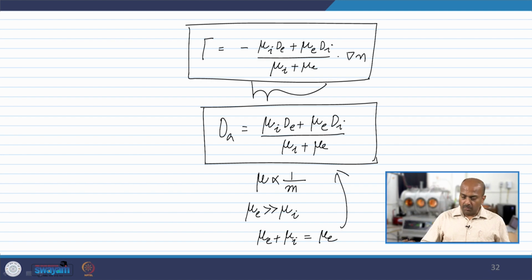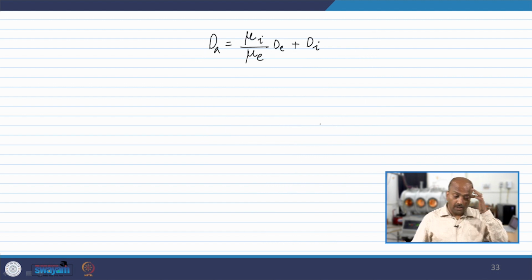I just substituted mu I plus mu E as just mu E. Once we have only mu E in the denominator, in the numerator we are not changing anything, mu E will get cancelled in the second term, and as a result only dI will remain. So, the ambipolar diffusion coefficient is now a ratio of the mobilities multiplied by the diffusion coefficient of electron plus the diffusion coefficient of ions.